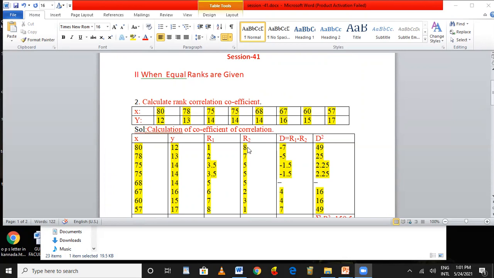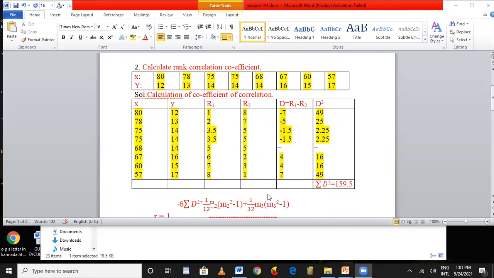Now we have to find the differences between the ranks given by the first judge and the ranks given by the second judge. 1 minus 8 is minus 7, 2 minus 7 is minus 5, 3.5 minus 5 is minus 1.5, 3.5 minus 5 is minus 1.5, 5 minus 5 is 0, 6 minus 2 is 4, 7 minus 3 is 4, 8 minus 1 is 7.